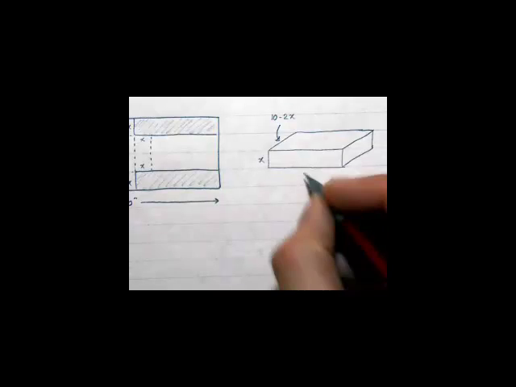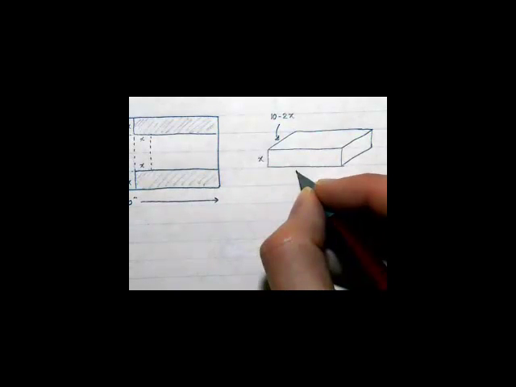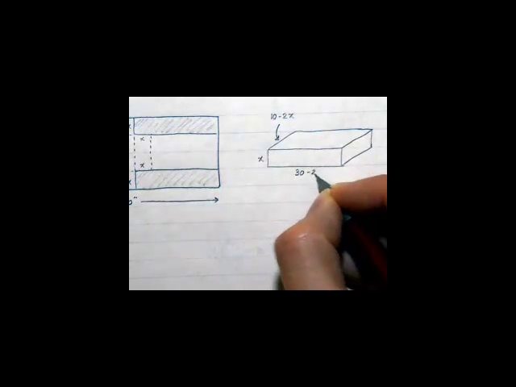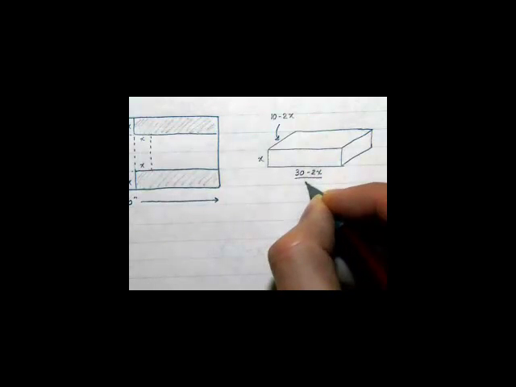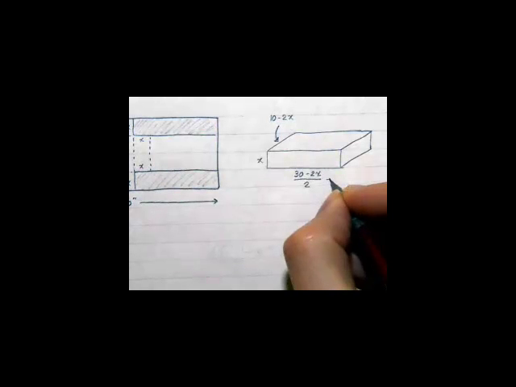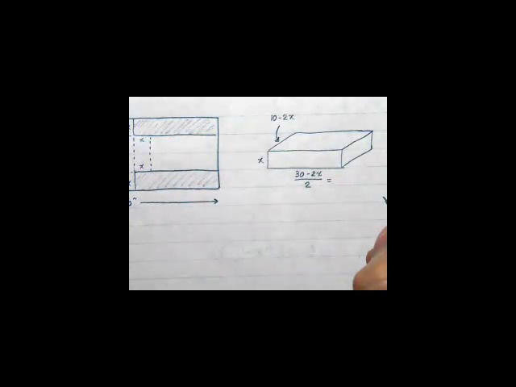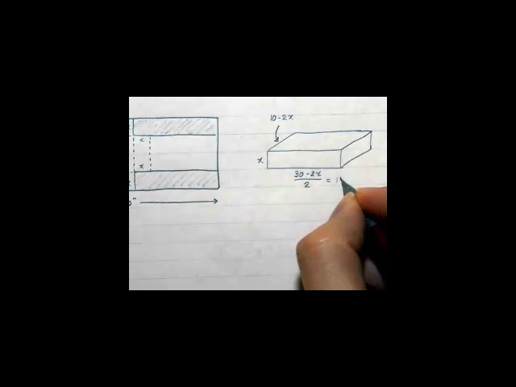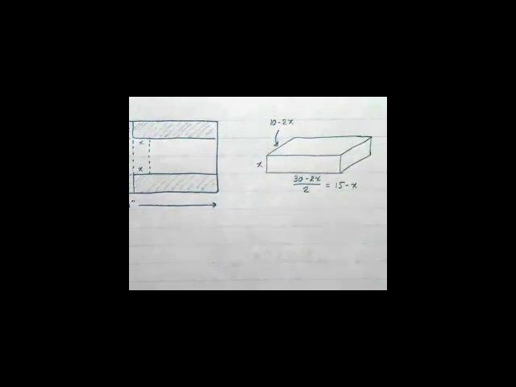Okay. So over here then, this length of the box is going to be 30 minus 2x divided by 2. Well, okay, but that would actually be what then? 15 minus x. So use that, yeah.